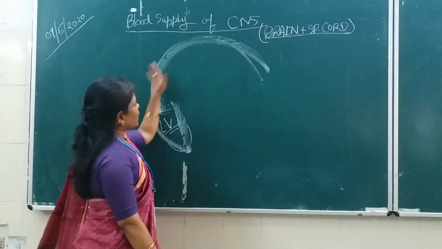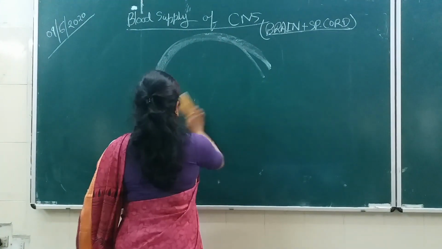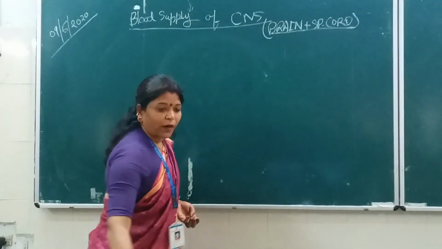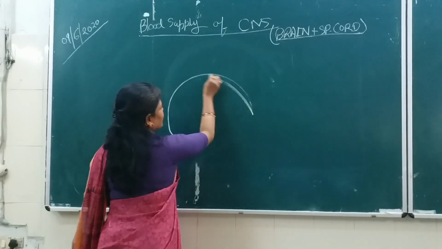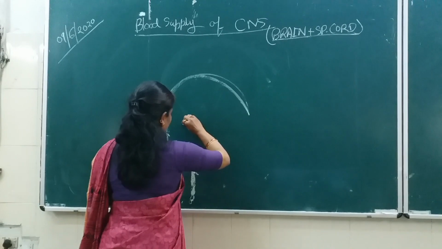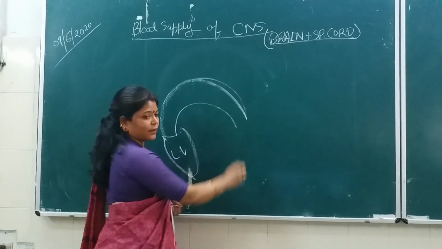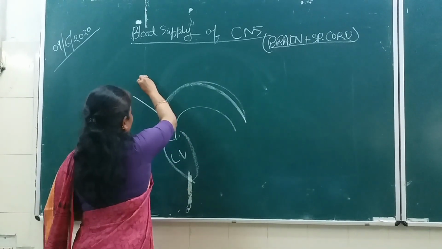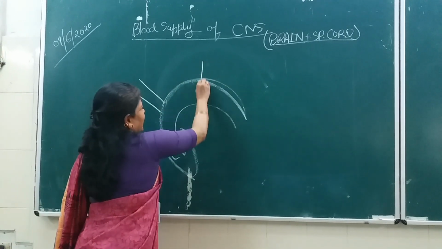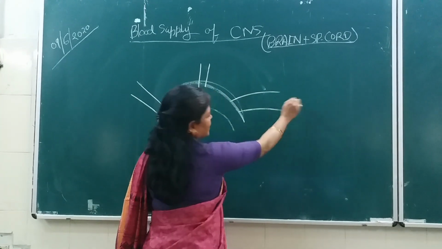So what are the branches of the arch of aorta? Very good. That is the brachiocephalic, then the left common carotid and then the left subclavian.